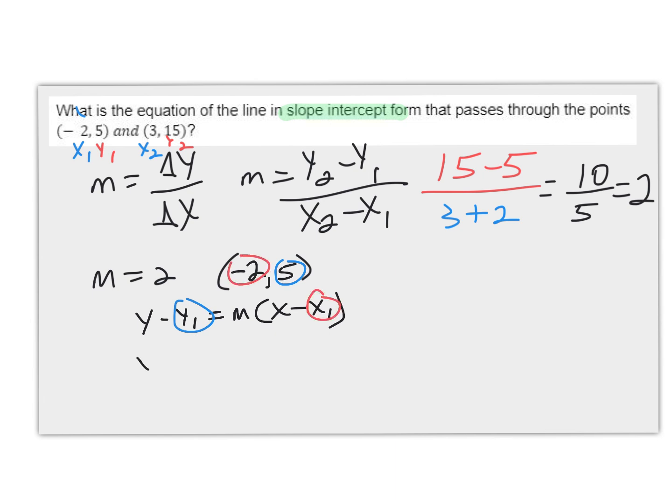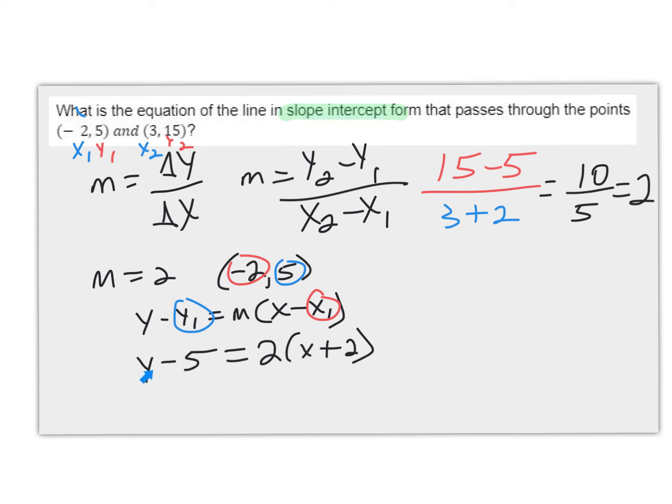All right. So that's y minus 5 equals the slope of 2, which I just found using the formula. 2 times x minus negative 2, which is going to be plus 2. So minus negative 2 is plus 2.